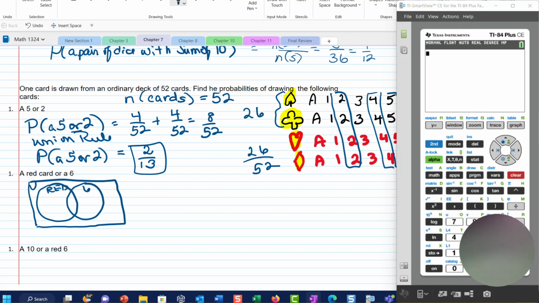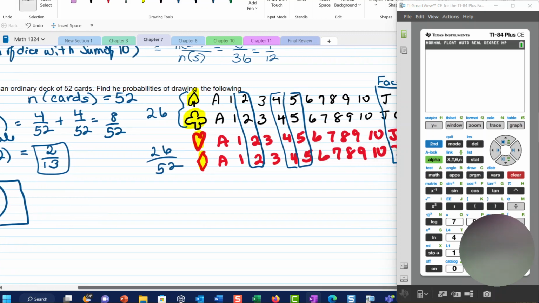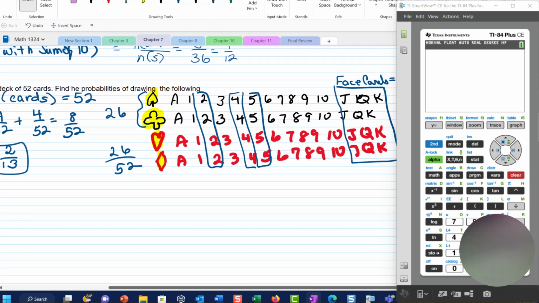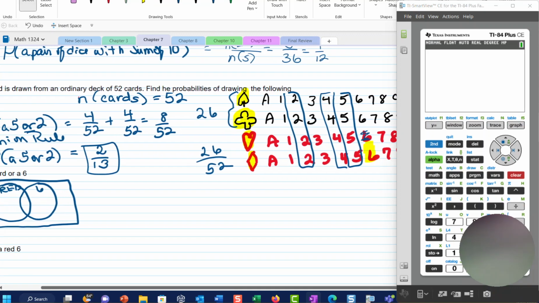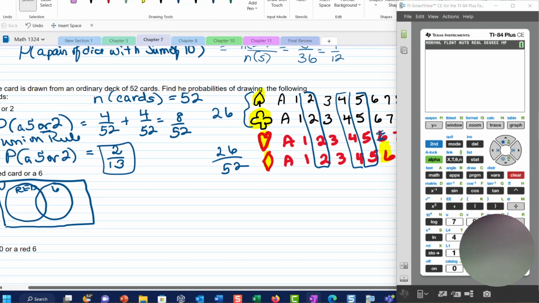Because we know there are 26 of the reds, we know that 2 of them are 6s. So we're going to put on here a red 6 and a red 6, and then we're going to have black 6s right here.